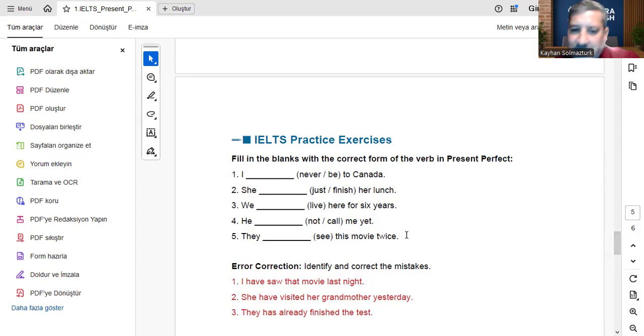So, for example, we can continue the sentence: they have seen this movie twice and they didn't like it. So it means that they don't want to see it for a third time, right?